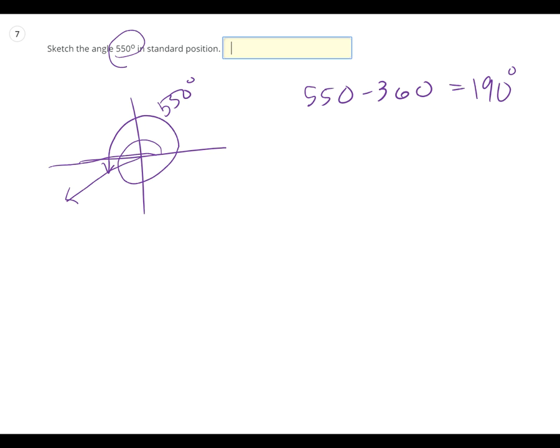You always go counterclockwise. It's negative if you go the other way. So if it said negative 550, we would have gone around and actually landed in the second quadrant.